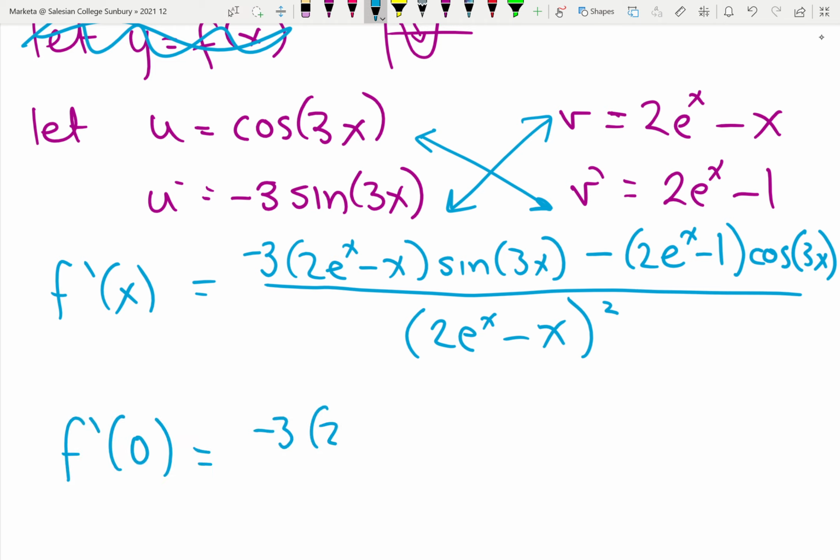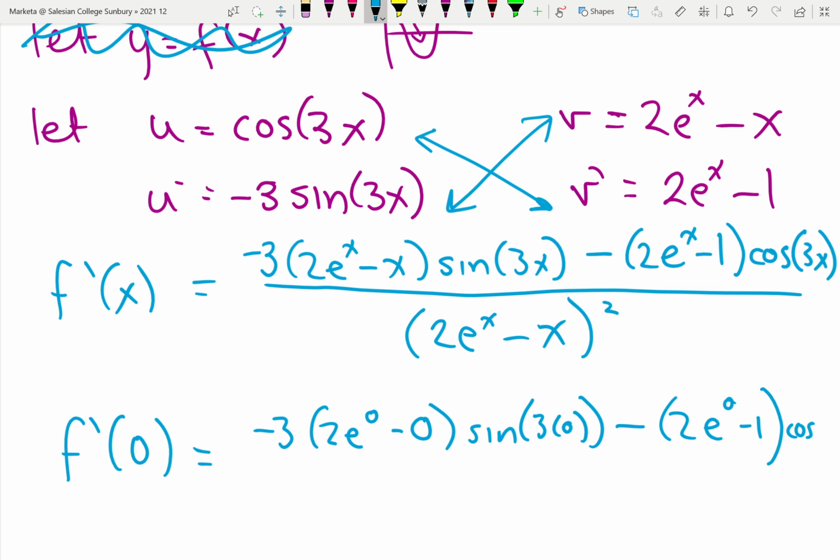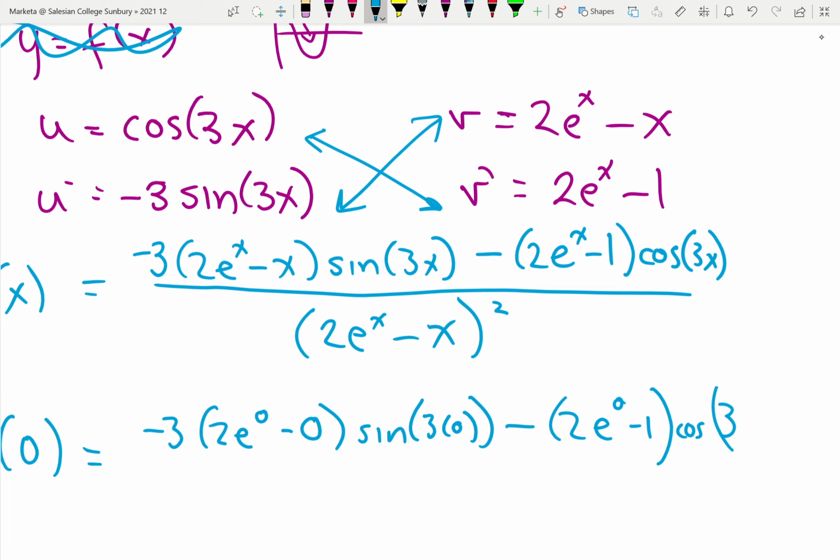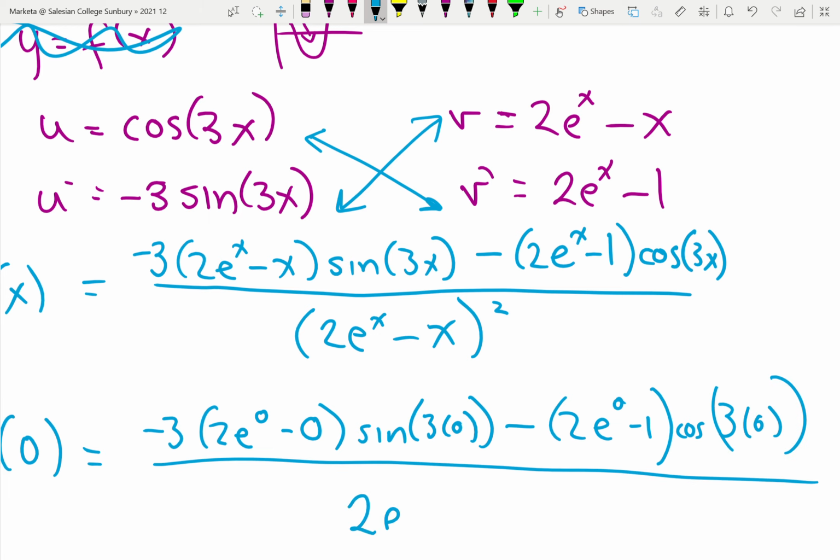Negative 3, 2e to the 0 minus 0, sine 3 times 0, minus 2e to the 0 minus 1, cos 3 times 0, over 2e to the 0 minus 0 squared.